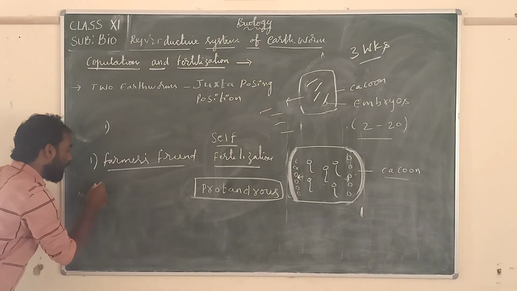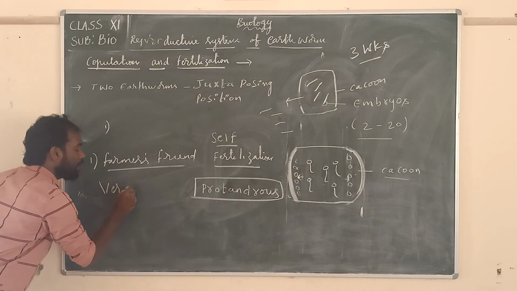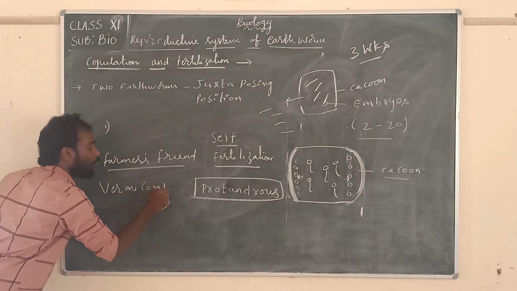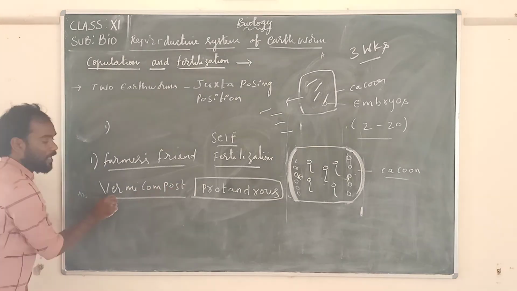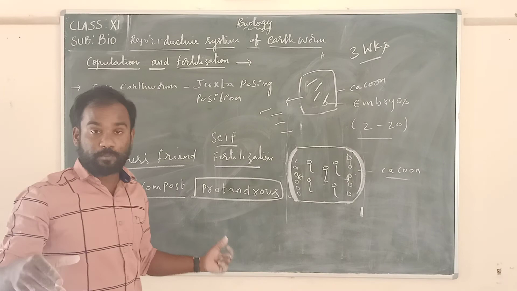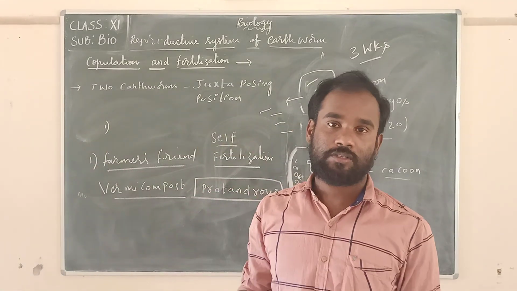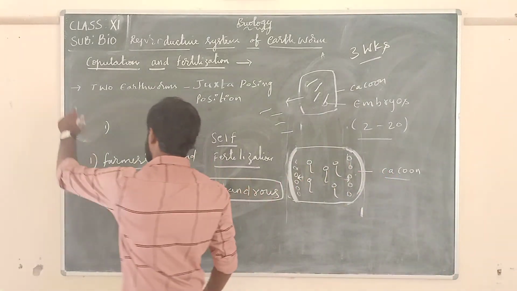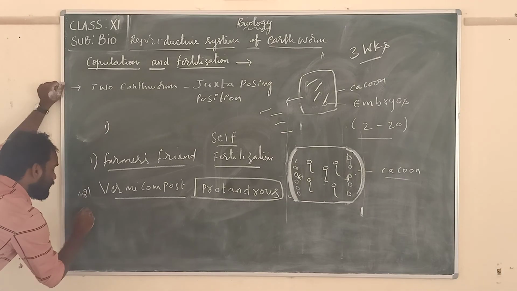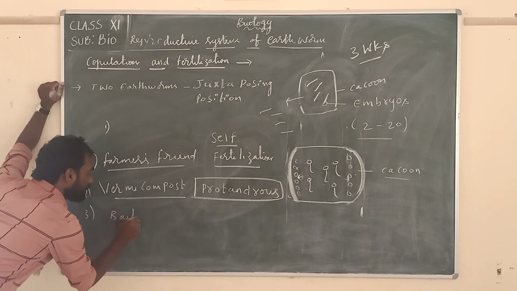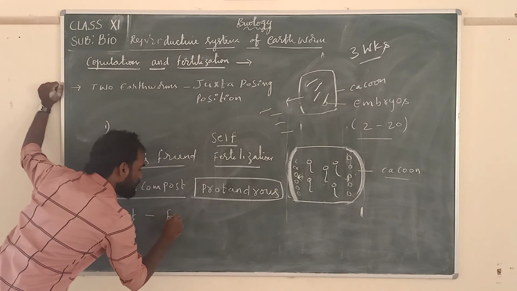Earthworm is also useful in preparing vermicompost, a fertilizer. It helps to prepare the vermicompost. And another thing is, earthworm is used as bait in fishing.